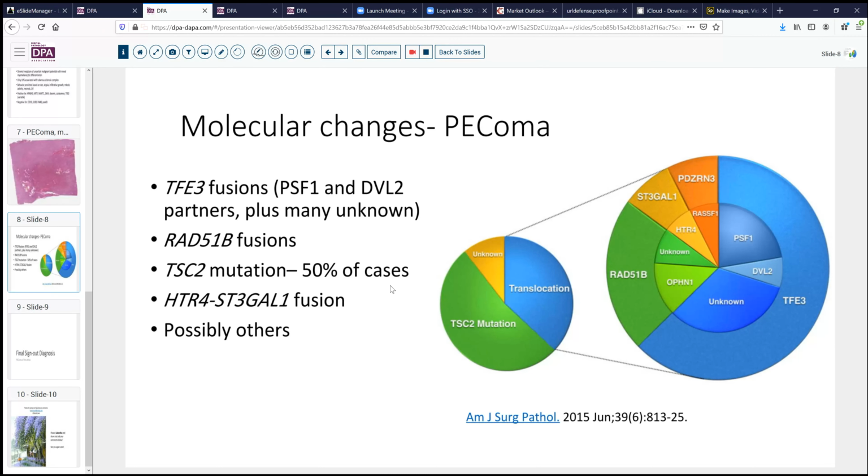And in addition, the translocations or the fusion genes most frequently involve TFE3, but other partners or other genes can also be involved. And as you see, there are variable partners for these mutations ranging from SFPQ or DVL2 to some that we don't know in each of these situations. So the molecular biology is not a single entity, as is the case in many circumstances.